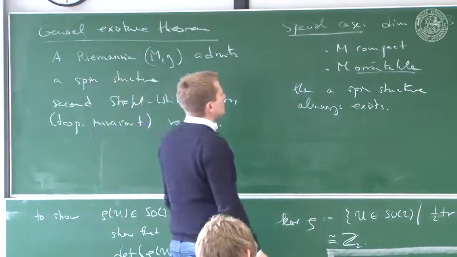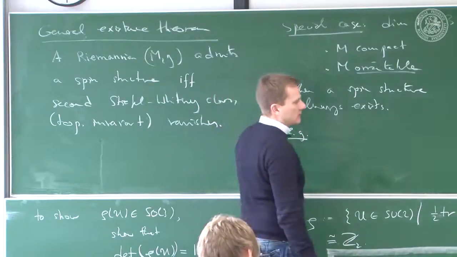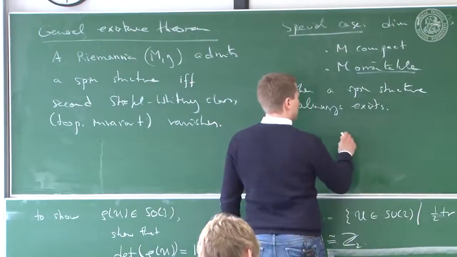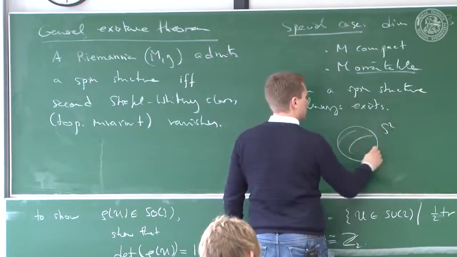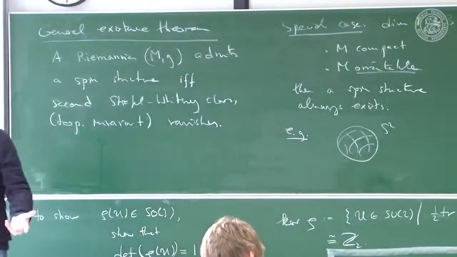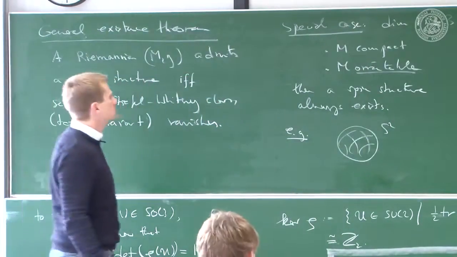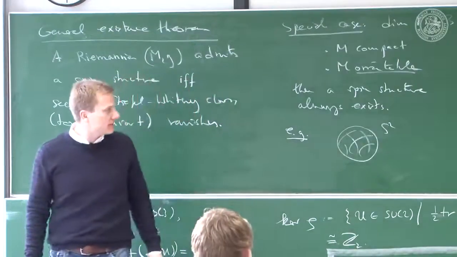Okay, so e.g., quantum mechanics on a sphere, right? On a sphere, on an S2, you can establish a spin structure because it's compact, it's orientable, and has dimension less than 3, or less or equal to 3.